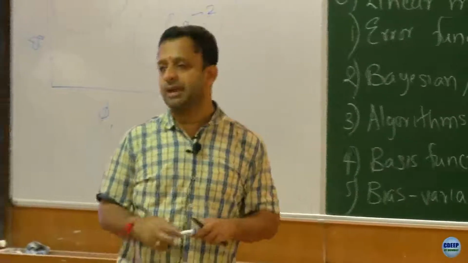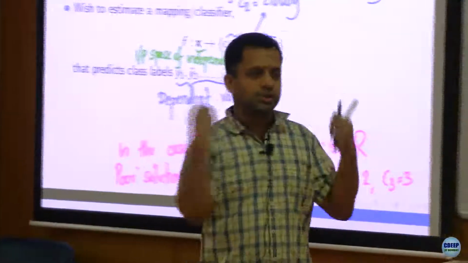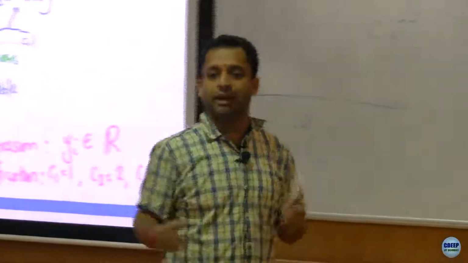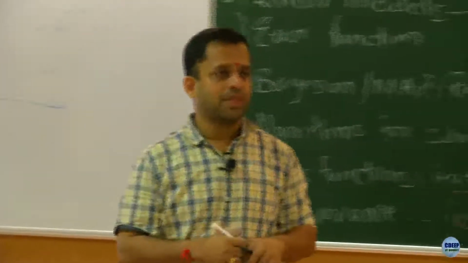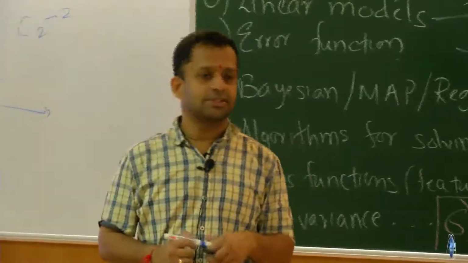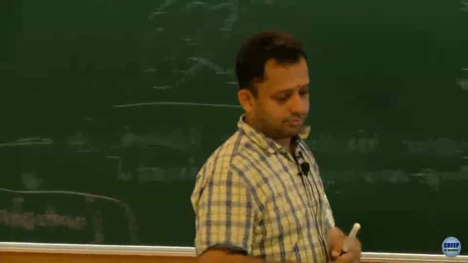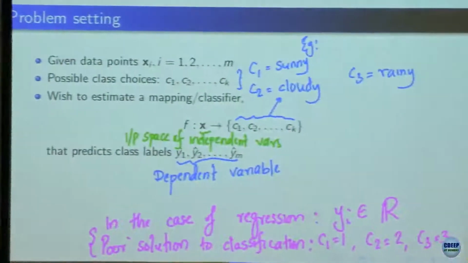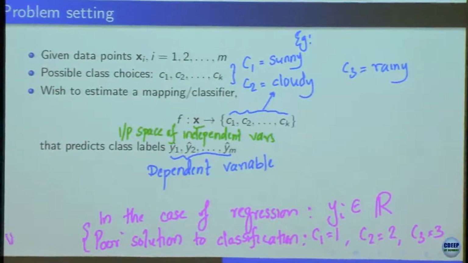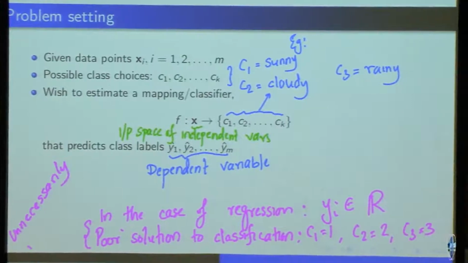Or spam versus non-spam: in the two-class case, even then I can kind of, okay, let go, class 1, class 2, or 0, 1, or minus 1, 1, we'll see that today. So often you do minus 1, 1, but for multi-class it doesn't make sense. Okay, so it's a poor solution, and it's poor because it unnecessarily imposes ordering.